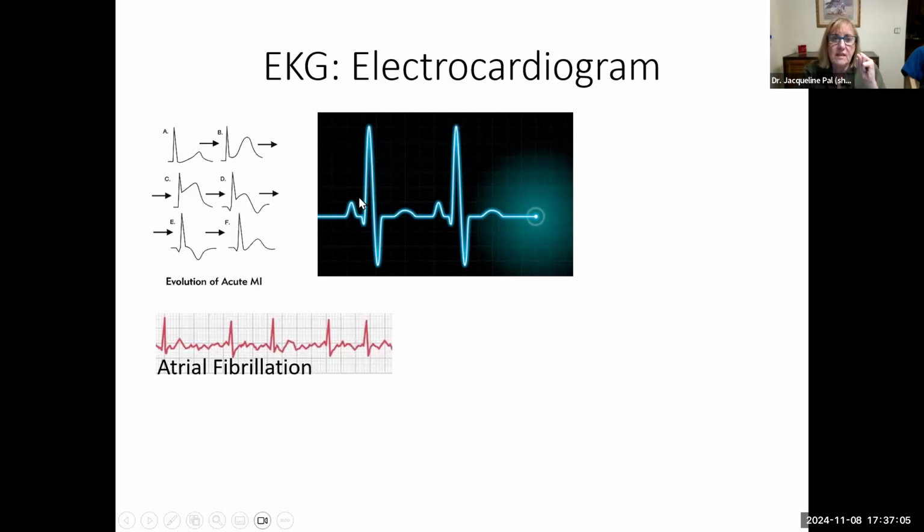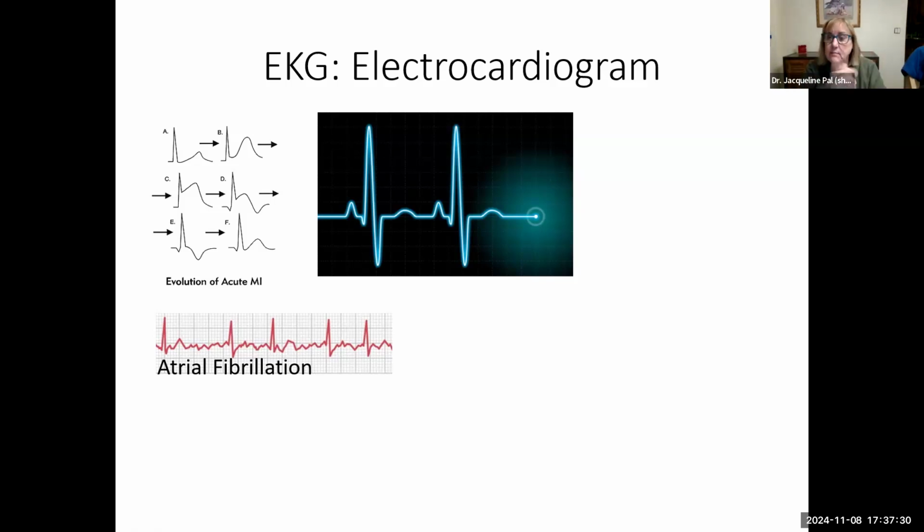Now, if the SA node is not sending an impulse through the atrium, we don't get this lovely P wave, and instead the atria act like a jello jiggler, and they just fibrillate, we call it. And so that's called atrial fibrillation. So you just see all these little wiggles going back and forth. Now, what happens then is the atrioventricular node will set a rhythm.